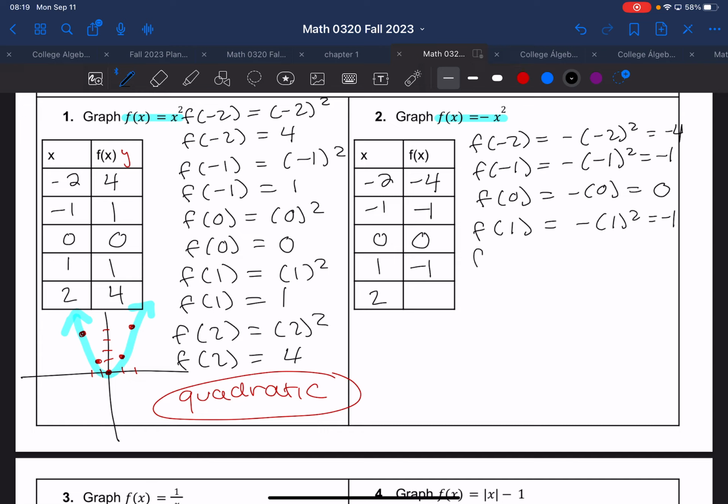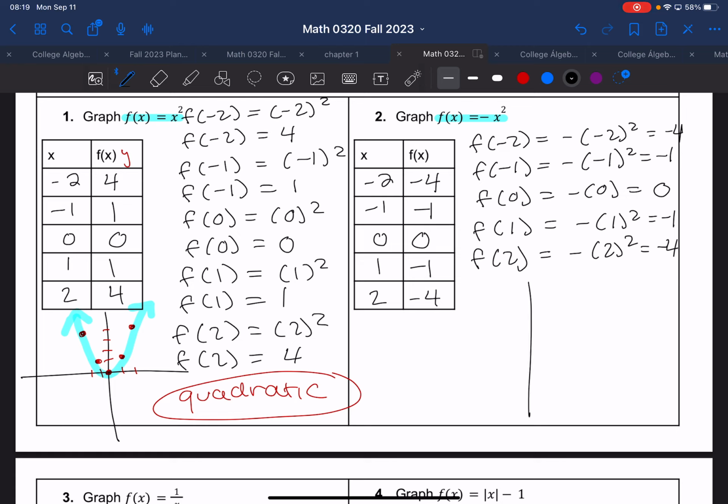I get negative 1 again. And then plugging in 2, I'm also going to get that negative 4. These all ended up negative because of that negative outside of the x squared.